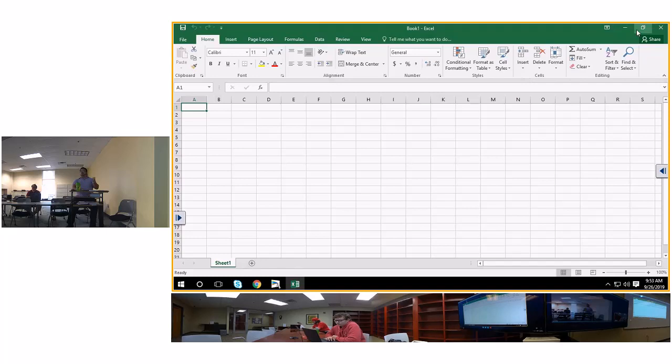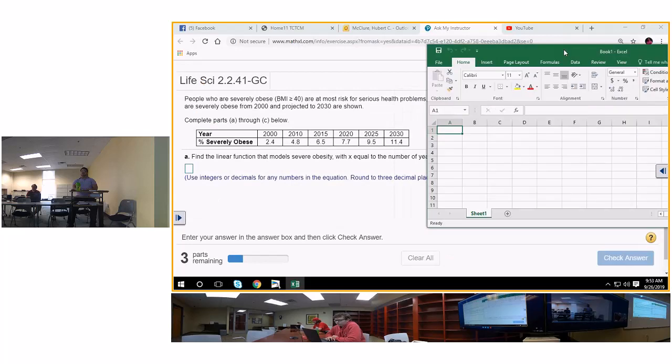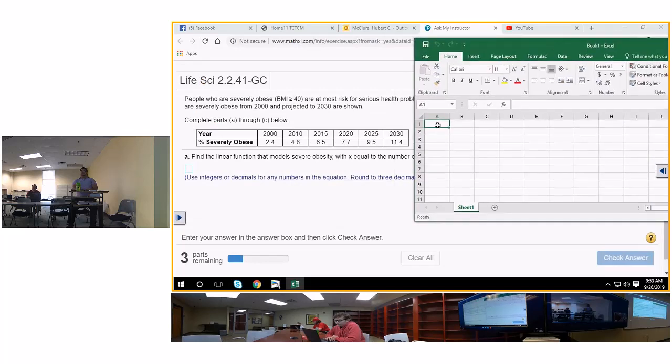If you want to spend the time to do it on your calculator, knock yourself out. I'm not going to do it on the calculator. So I'm going to type in the years: 2000, 2010, 2015, 2020, 2025, and 2030.